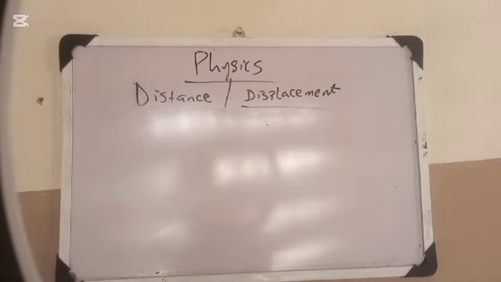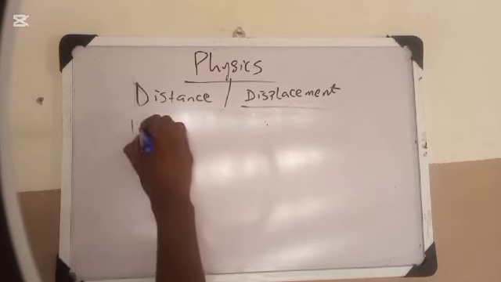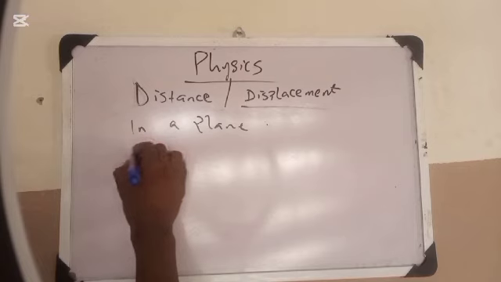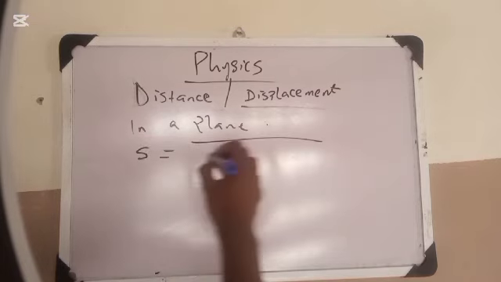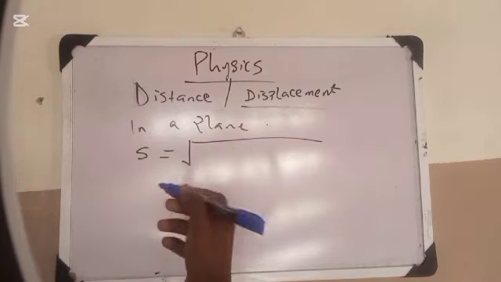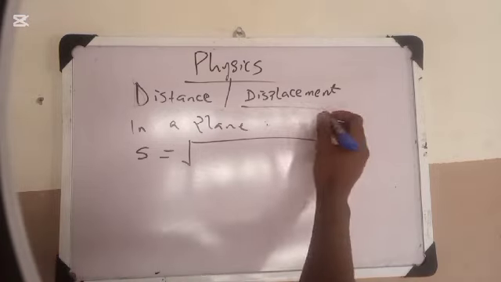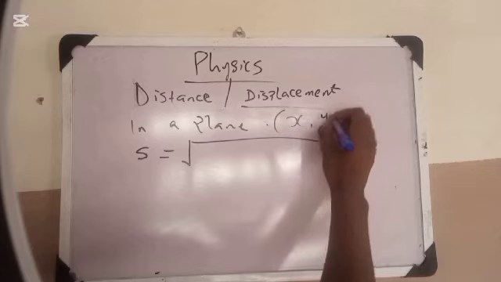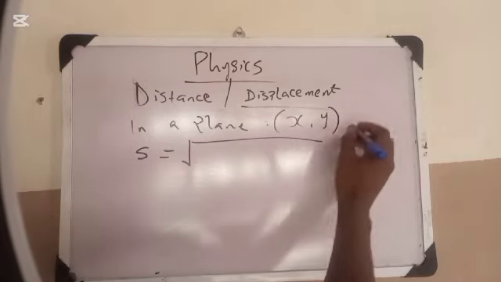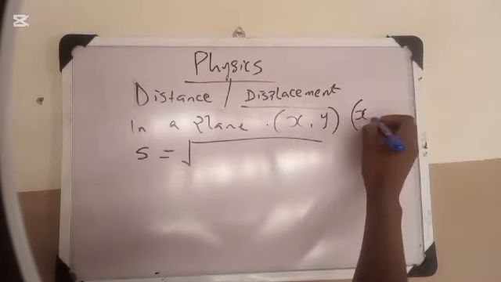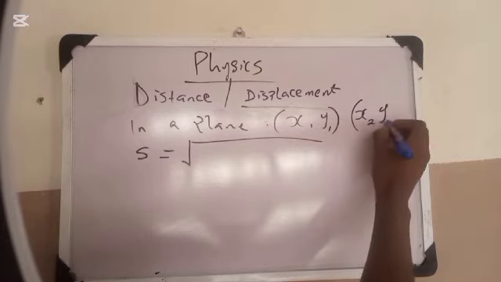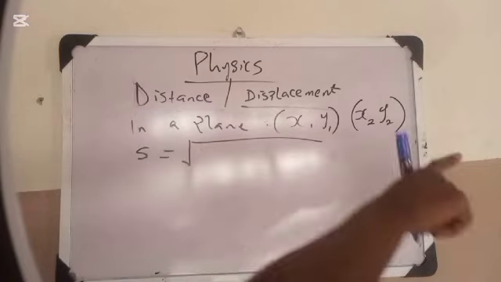So let's look at the distance in a plane. Remember it is a two coordinate system, so you have your X1, Y1, X2, Y2.